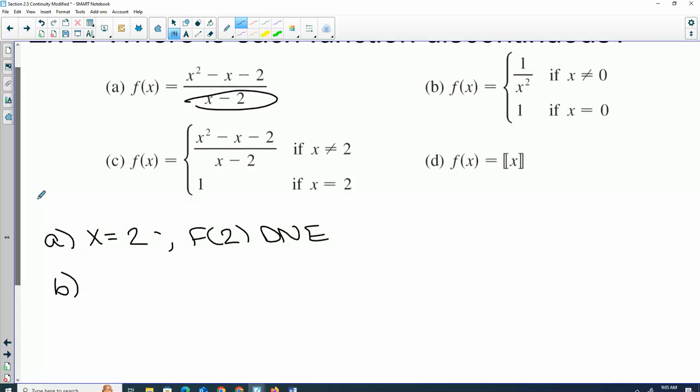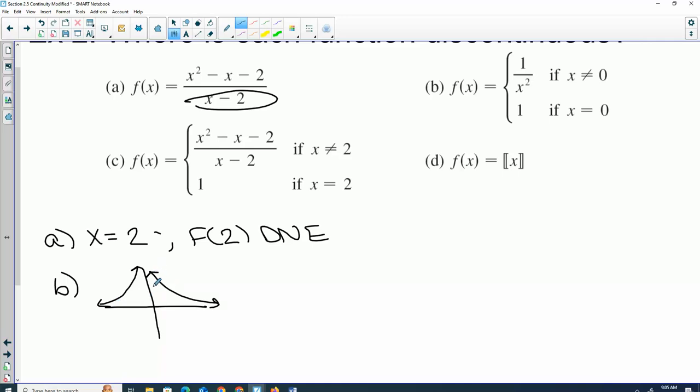B. What do you think on that one? Why? Okay. If you remember, if you used a calculator or plugged in points, 1 over x squared looks like this.